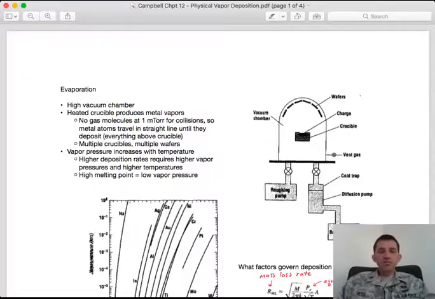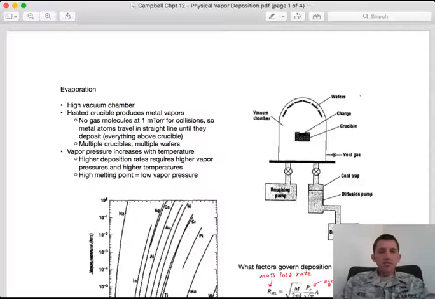And so these evaporation processes require that you heat the metal that you're trying to coat your surface with to a relatively high temperature, right? So you need to place that metal inside of a crucible of some sort, or heat it with a filament or however, but you need to get it to a high enough temperature that you can take advantage of an appreciable vapor pressure and produce a reasonably thick coating in a reasonable amount of time.